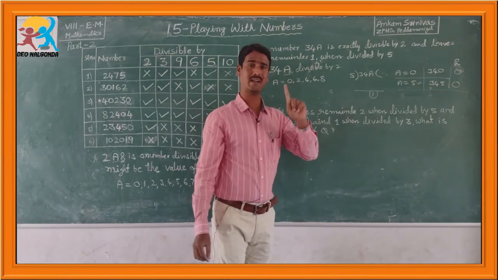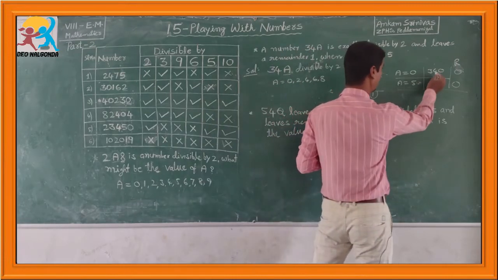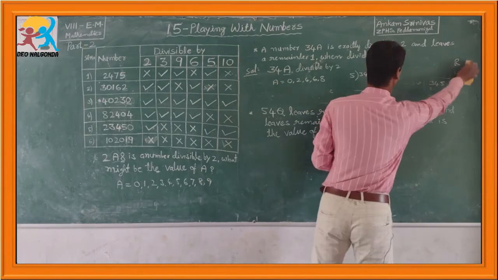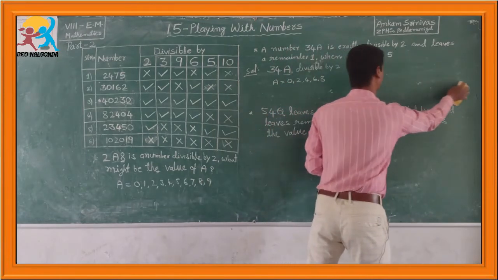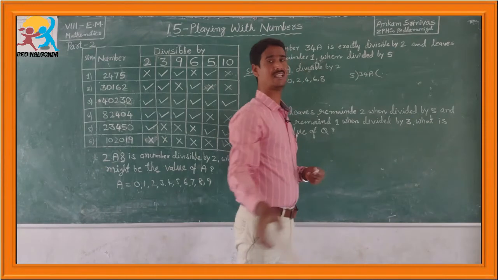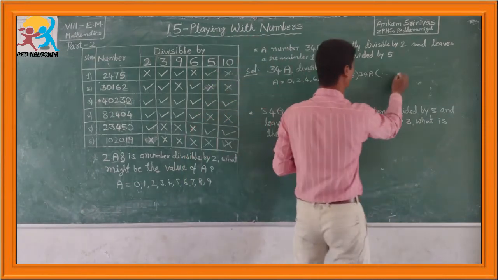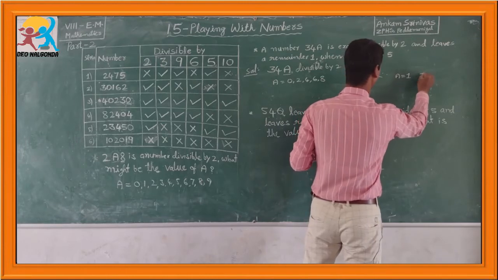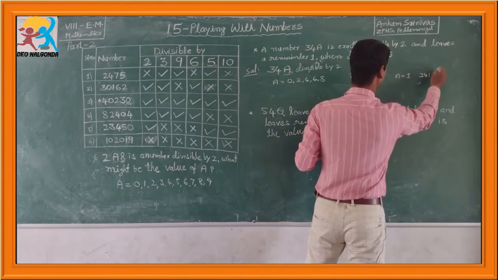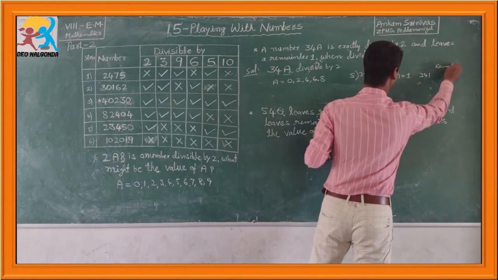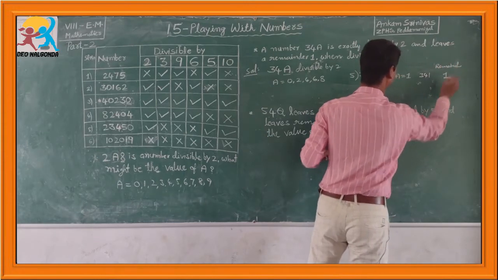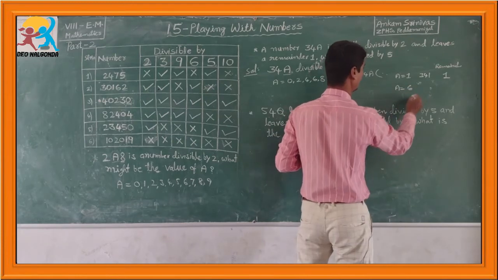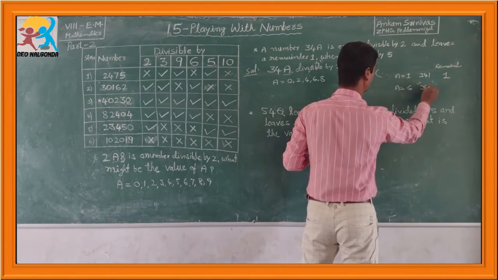To get remainder 1, if I take A equal to 1, that means if I take A equal to 0 or 5, remainder is 0. If I take A equal to 1, then that number becomes 341. What's the remainder? Remainder becomes 1. If I take A equal to 6, the number becomes 346.